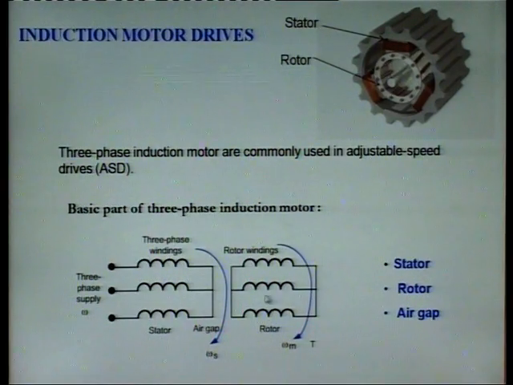There cannot be the same speed between the stator and rotor across the air gap, because the stator field rotates at the synchronous speed, which as you all know is given by 120 f by p, where f is the frequency and p is the number of poles.